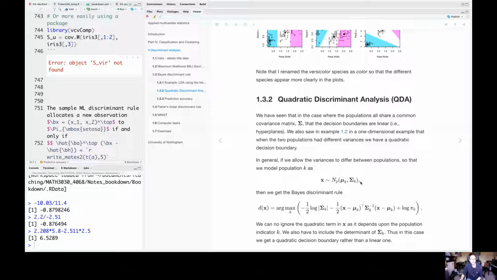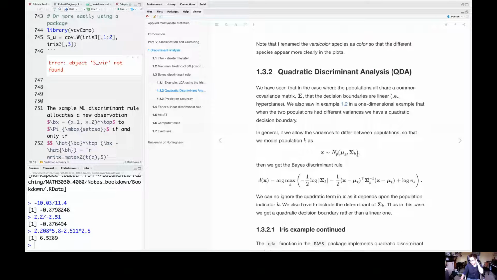But we don't have to choose the same covariance matrix. We can let the covariance matrix differ between the different populations. So if instead of what we did before, we now put a subscript K here on the covariance matrix, so it's different for each population, we get what is called quadratic discriminant analysis. We get a discriminant rule that looks like this.